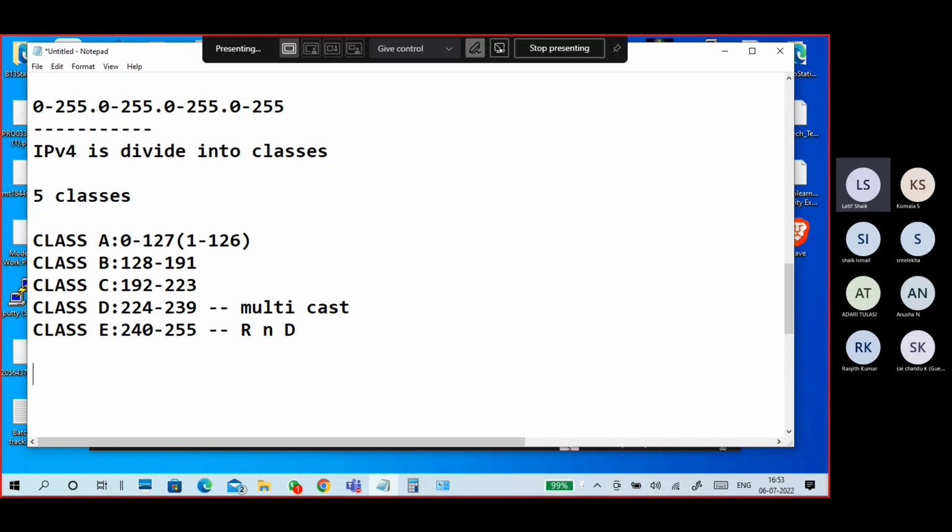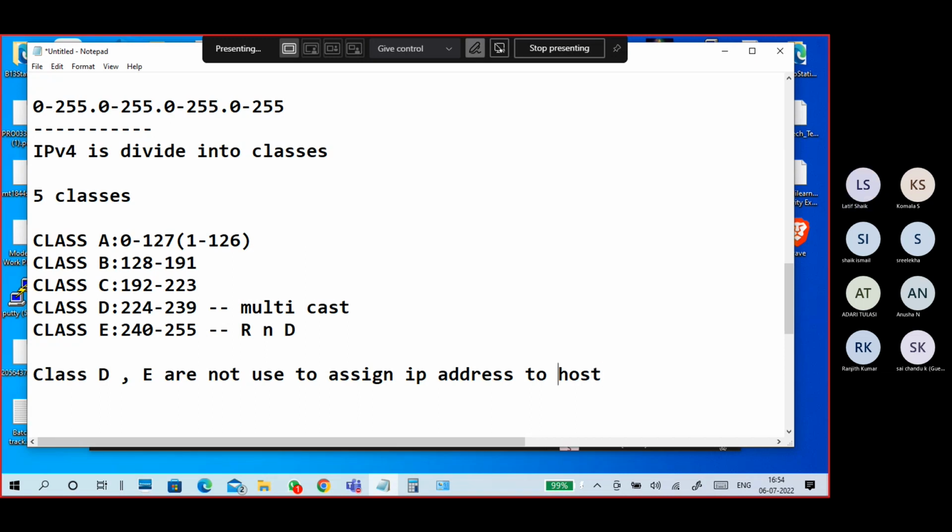They may use it in future, but currently it is reserved. Class D and class E are not used to assign IP addresses to a host. So that is one thing.